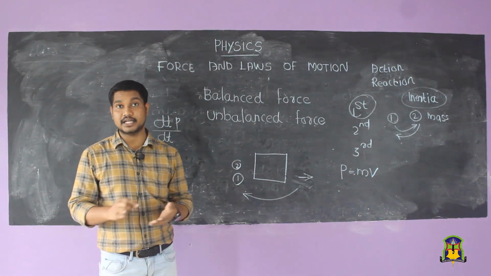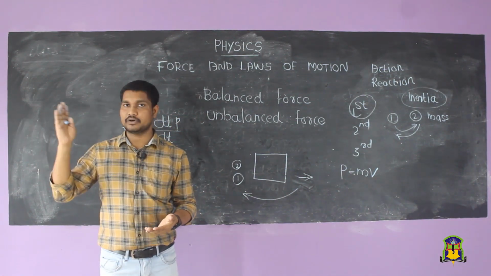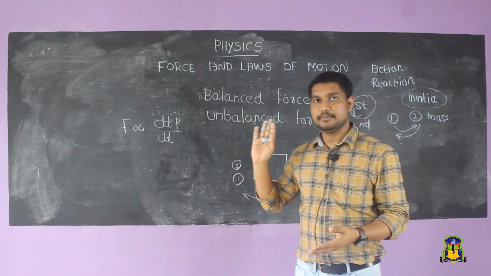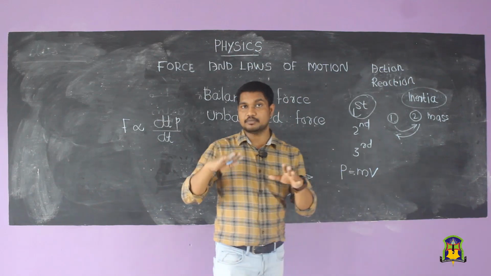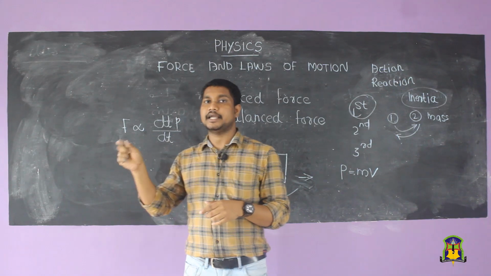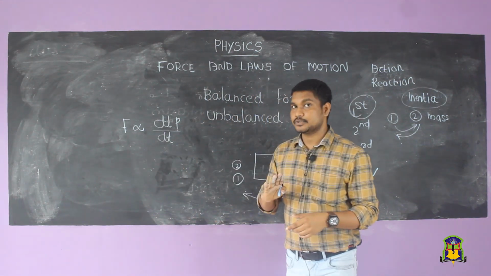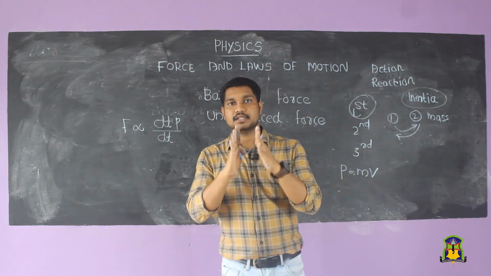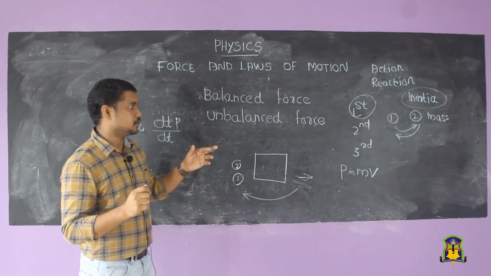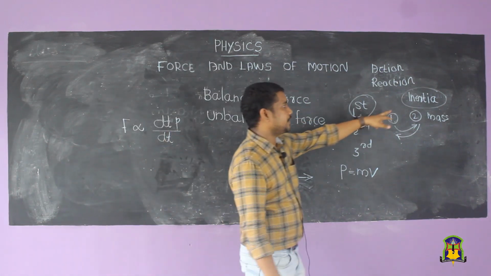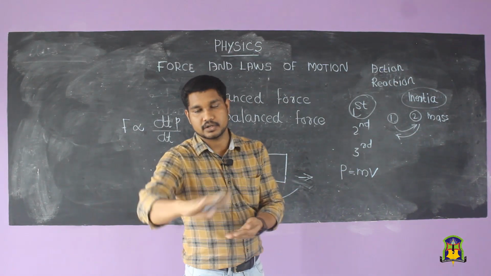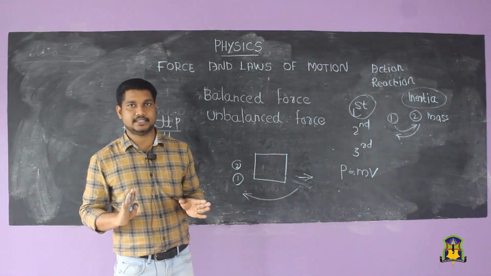We know that in our surroundings, some objects are at rest and others are moving. How can we say an object is at rest? If the object is not moving with time, that is the rest position, and if the position of the object is changing with time, that is motion. Clear? So inertia means inability. For example, if you keep an object on the desk, it will remain in that state.